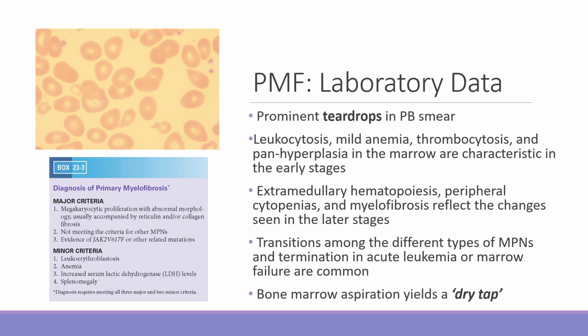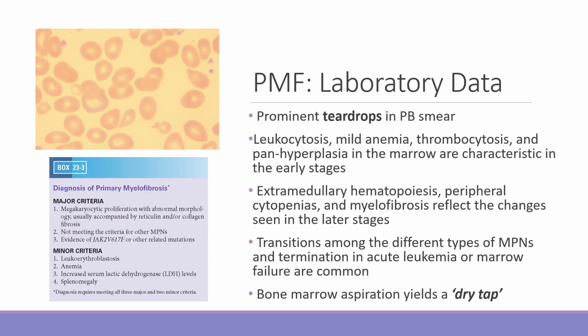So other major criteria, maybe it's not meeting the criteria that the other myeloproliferative neoplasms require for their major criteria. But again, I know that polycythemia vera is associated with that JAK2 mutation, but primary myelofibrosis can also be associated with that JAK2. And there may be other cytogenic mutations present as well.